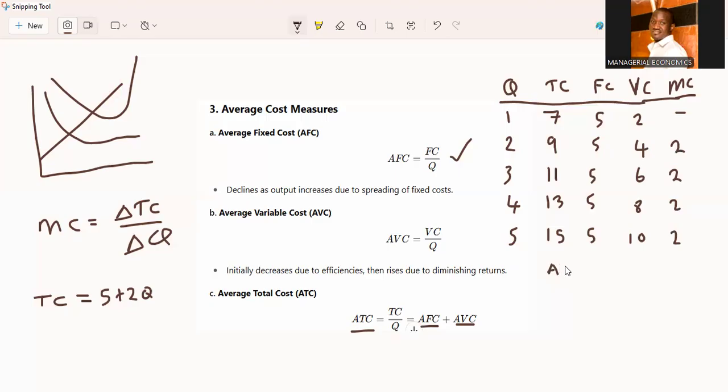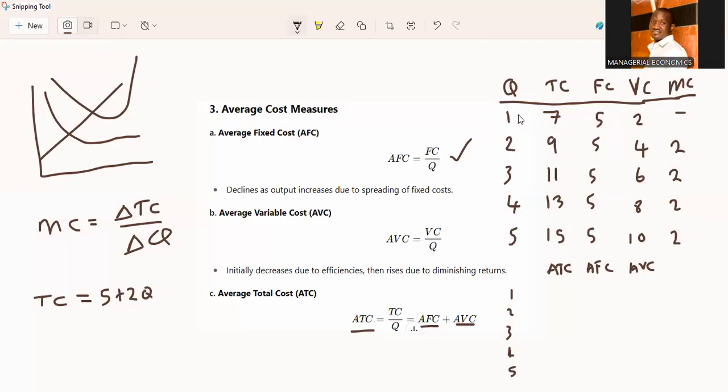Average total cost, average fixed cost, average variable cost, with the same parameters 1, 2, 3, 4, and 5. What did we say is our average when divided by quantity?